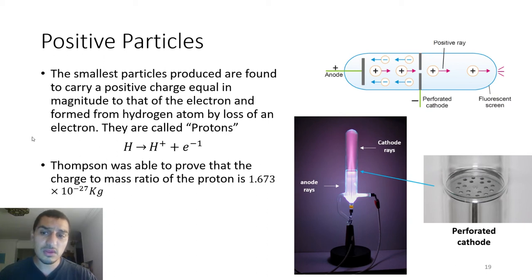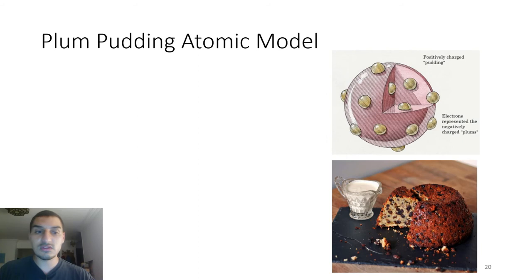But the smallest positive particle was obtained when the experiment was done with hydrogen, and these particles were called protons at this time. The charge to mass ratio was found to be this number, and it should be coulomb per kilogram. This is a mistake.